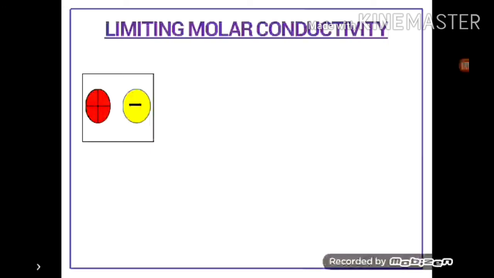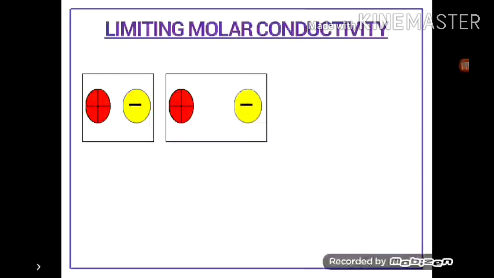They have fixed volume. Now if we increase the volume from 1 liter to 2 liter, definitely their distance will increase, and if their distance is increasing, their interparticle attraction will decrease. And if the interparticle attraction is decreasing, the ions will become free to move anywhere.